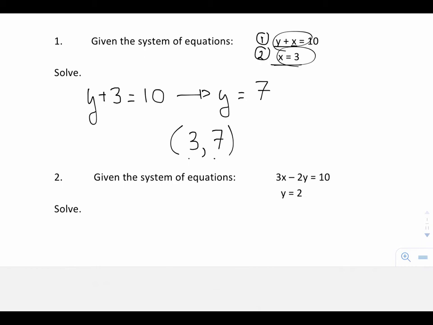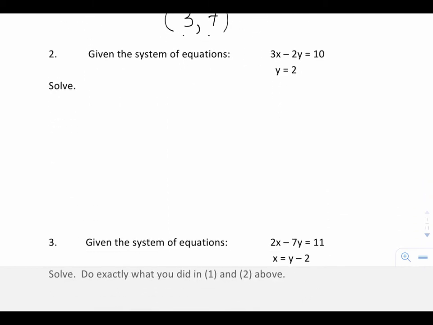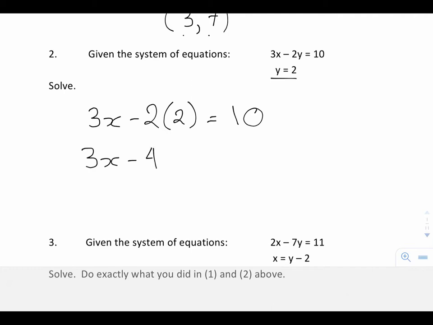Let's look at a similar situation now where we have y equals something. Again, I'm going to carry out the same process. I'm going to replace y with 2. So it's very similar, but instead of replacing x, I'm replacing y, and that equals 10. So what happens? I solve by first multiplying this 2 and negative 2.